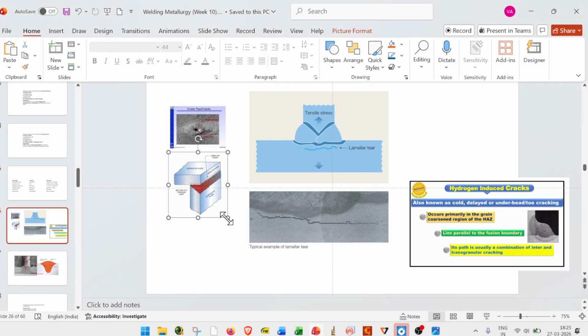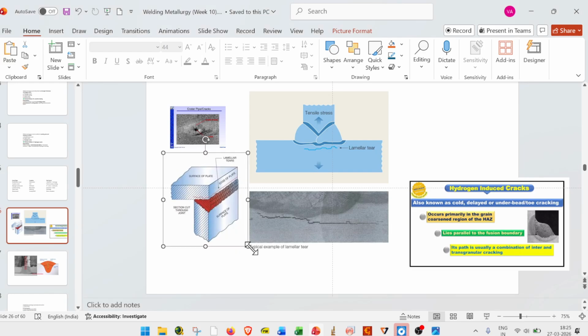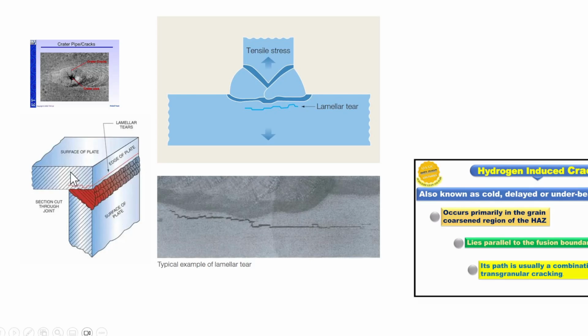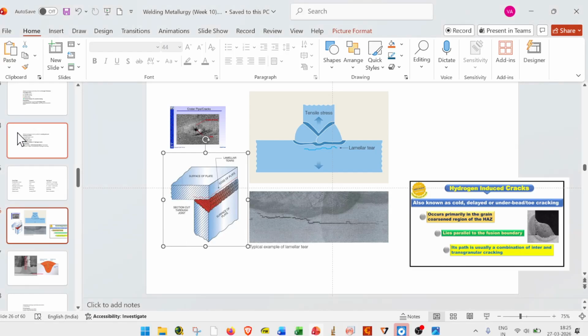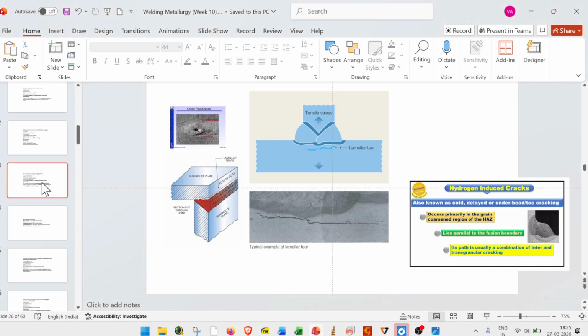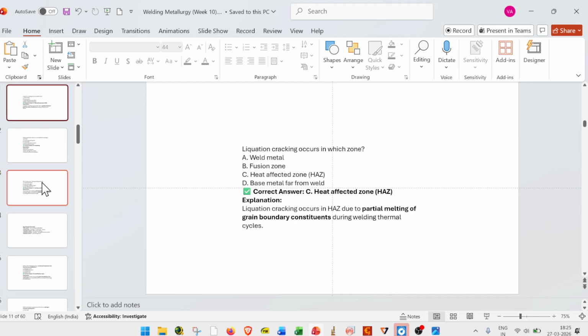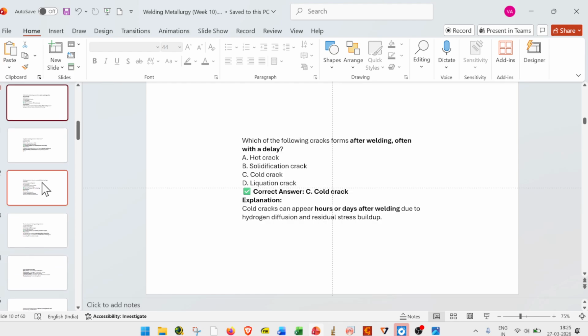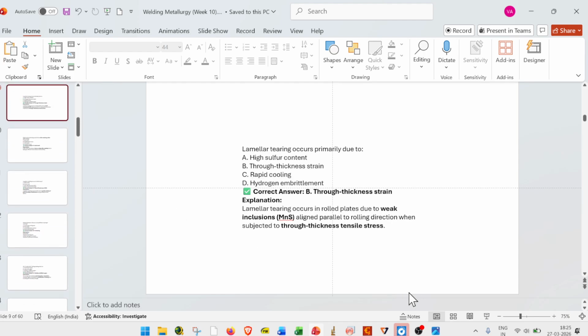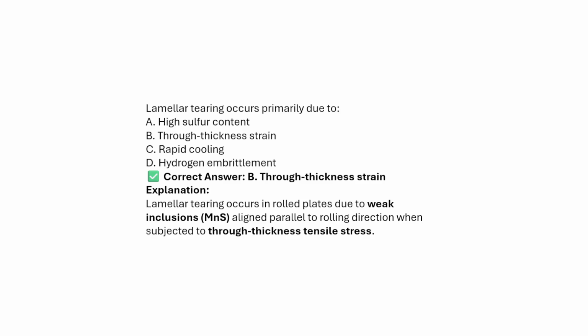You can see here also that laminar tearing happens in the base material region. So it is the through-thickness strain.